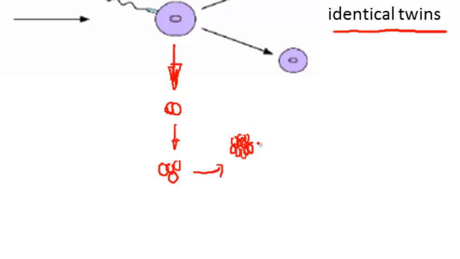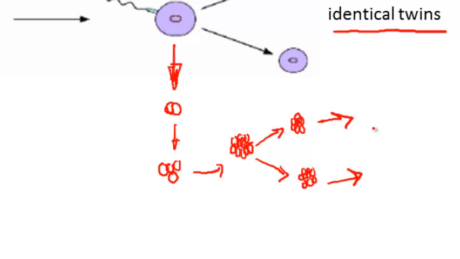However, sometimes this ball of cells can split for various reasons. You can try to find out some of those reasons. It can split into two balls of cells, and then the body starts to think that these are two separate fertilized eggs, even though they actually originate from the same ball of cells, which came from the very first same fertilized egg.